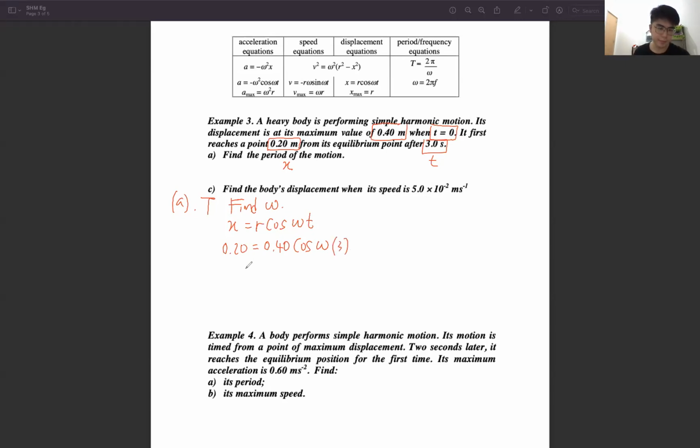Solving for this one, we get omega as 0.349 radian per second. Period is 2 pi over 0.349, which is 18 seconds.